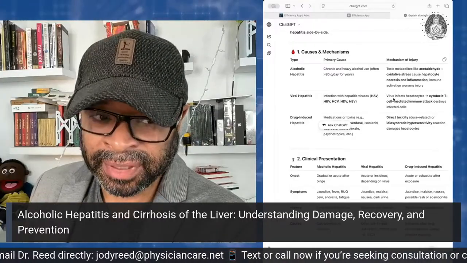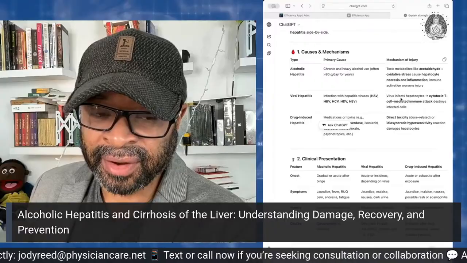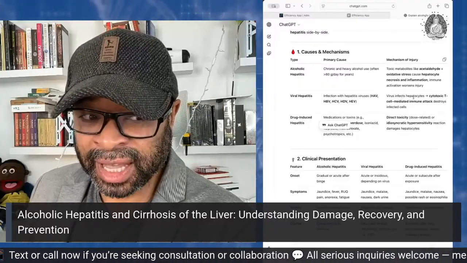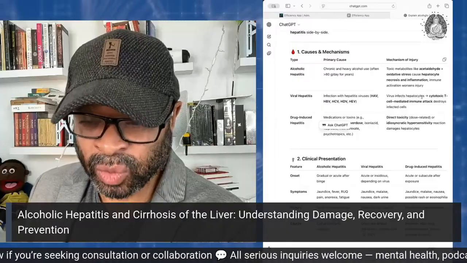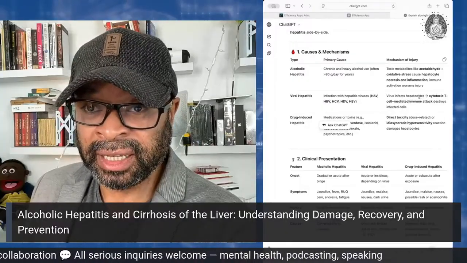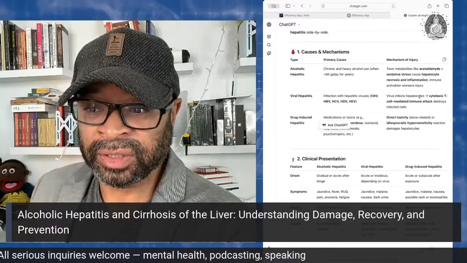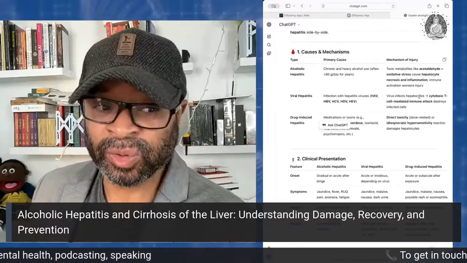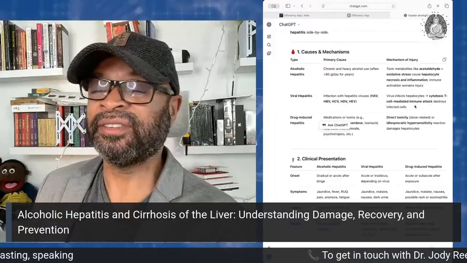In viral hepatitis, the virus infects the hepatocyte and is recognized by the immune system, and the immune system initiates an immune response that results in the death of the cell. So you get the death of the cell through the immune response reacting to the virus infecting it.